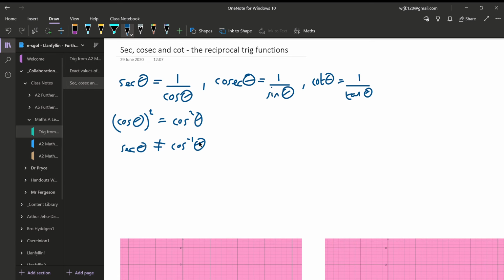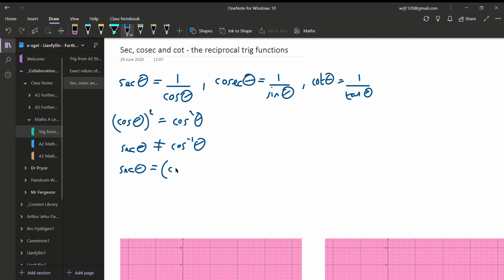If I want to write sec theta as a power of cos theta instead of just as sec theta, then I would have to put my cos theta in a bracket, like I did with that first squared one up here, the left hand side of that one.